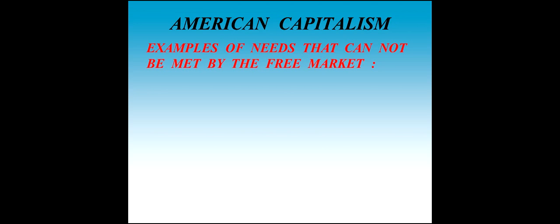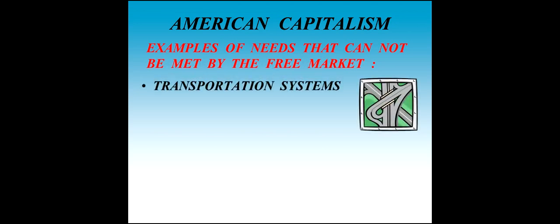So here are some examples of the needs of a society that cannot be met by the free market. And I'll use the United States as an example. Transportation systems. Our country has a massive complex of transportation systems when you consider everything from roads to mass transit systems and the like. There is no one person, not any of the richest people in the United States, that has enough wealth to pay for the support and maintenance and creating of our transportation systems.